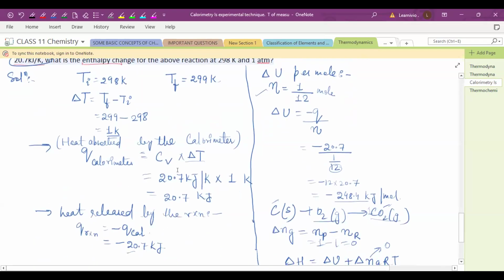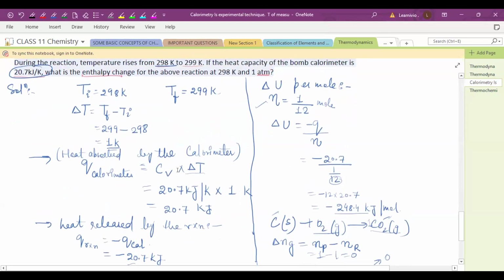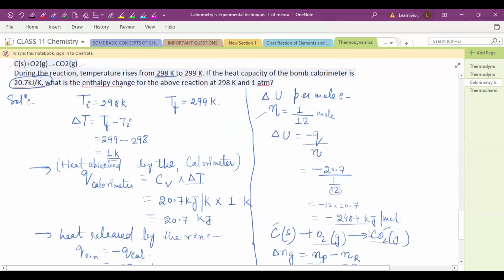So first you will calculate the heat absorbed, and since it is absorbed it must be a positive value, and since heat is released it must be negative. And the formula you will use over here. Everything is very, very important. Each and every term you should know: what is the formula, what is the relationship, and the sign convention is very important. In this chapter you cannot make silly mistakes.